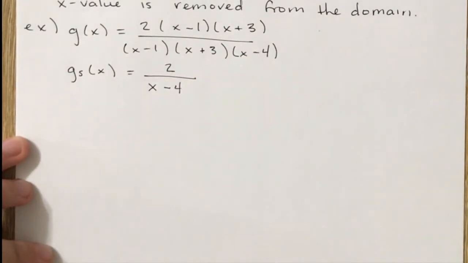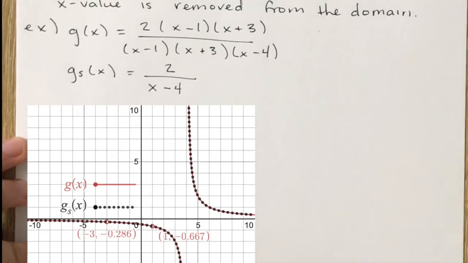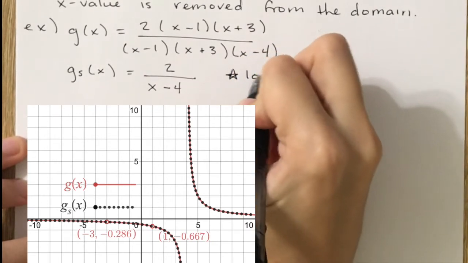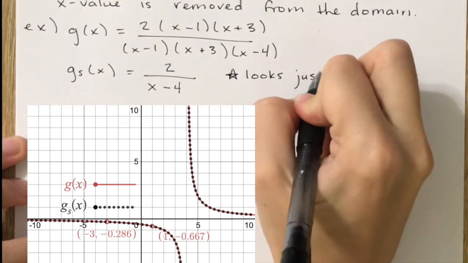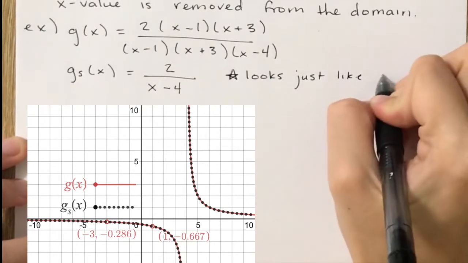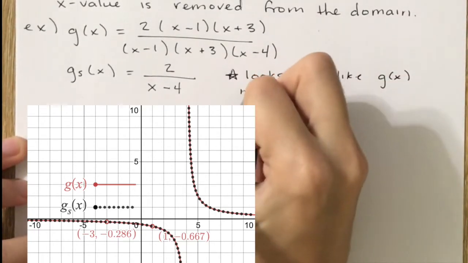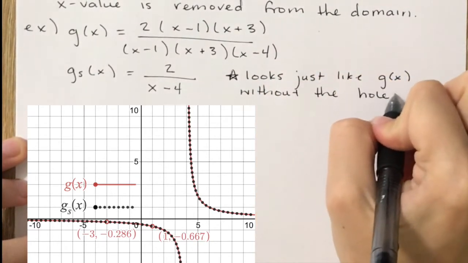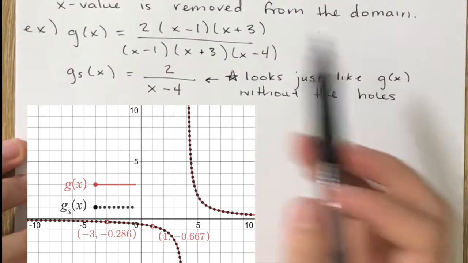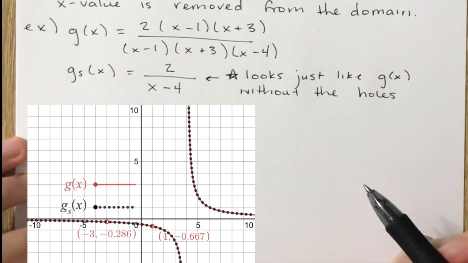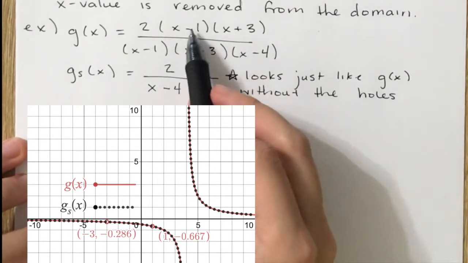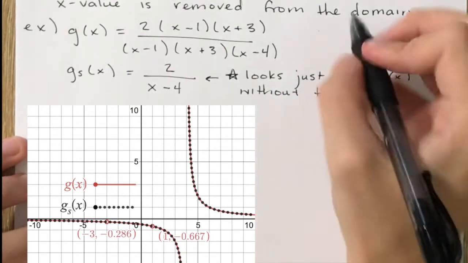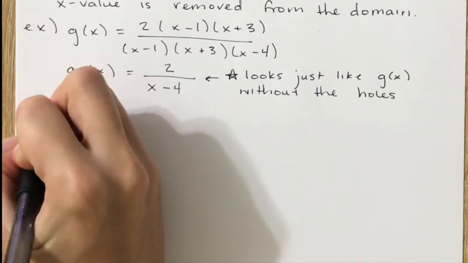Just out of curiosity, let's graph this as well. When I graph this, I get something that looks just like g of x without the hole. So what do we notice about where the holes are occurring? Well, we said we were looking at the x values, 1 and -3, the roots of the denominator. So we had x equals repeated roots.